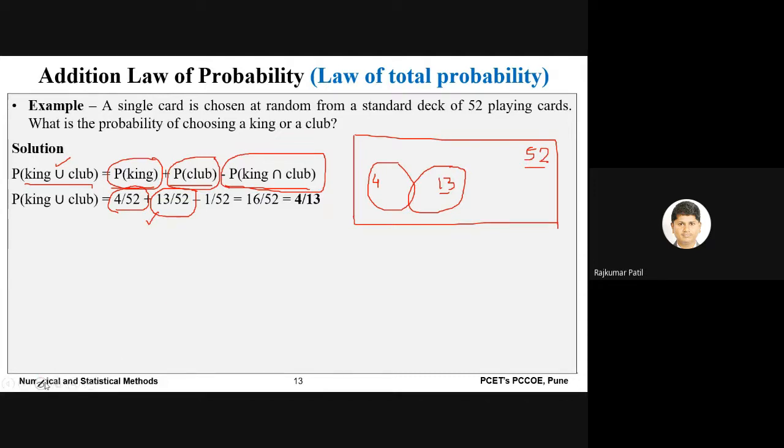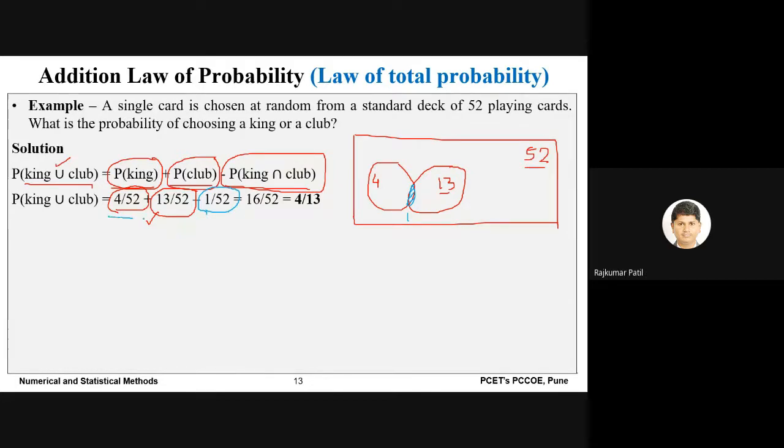I will change the color to show the overlapping area. Here you can see this is the overlapping area where there is a king which is a club. How many such cards will be there? Only one. And that's why the overlapping area is 1 divided by 52, because there is a king which is a club card, and that is the overlap.